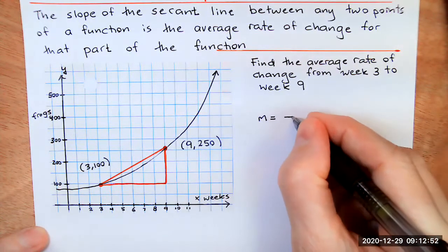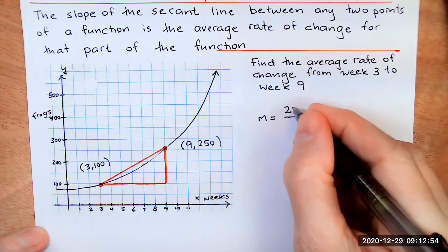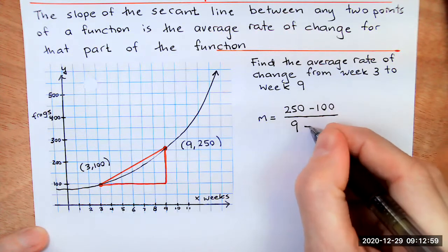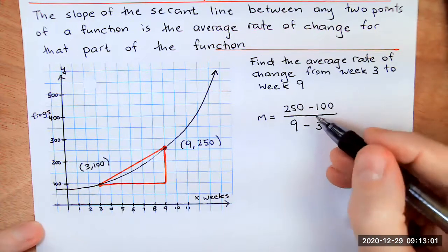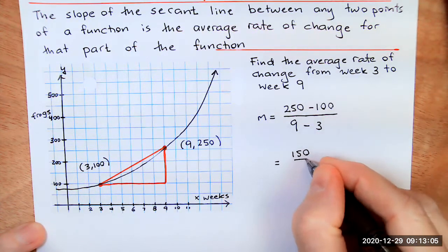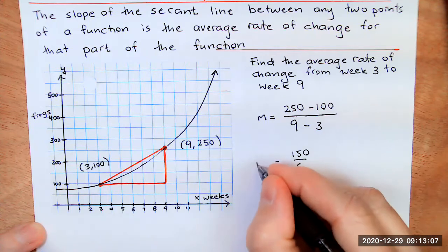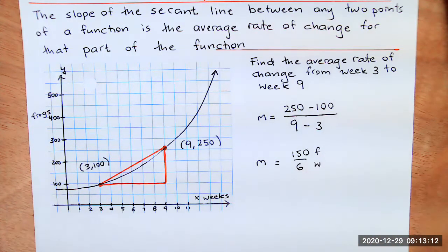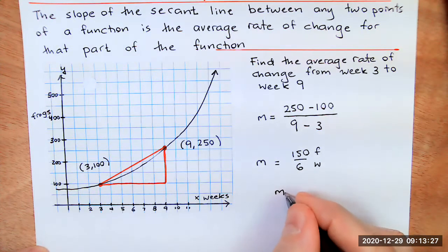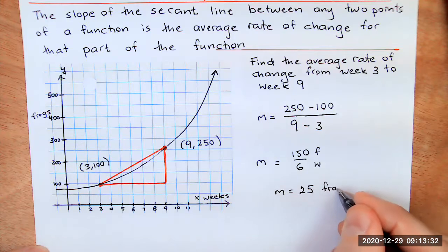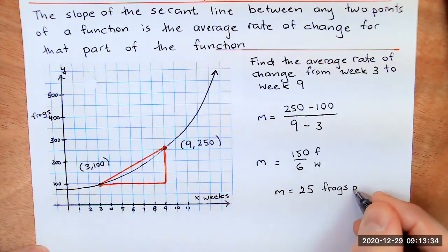So the slope of the secant line is going to be 150 divided by 6, and that's frogs per week, which is 25. Don't forget the units.